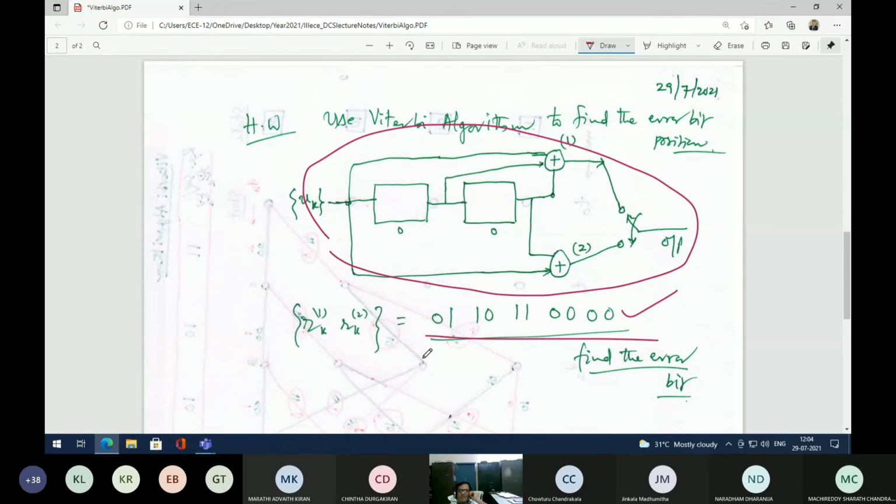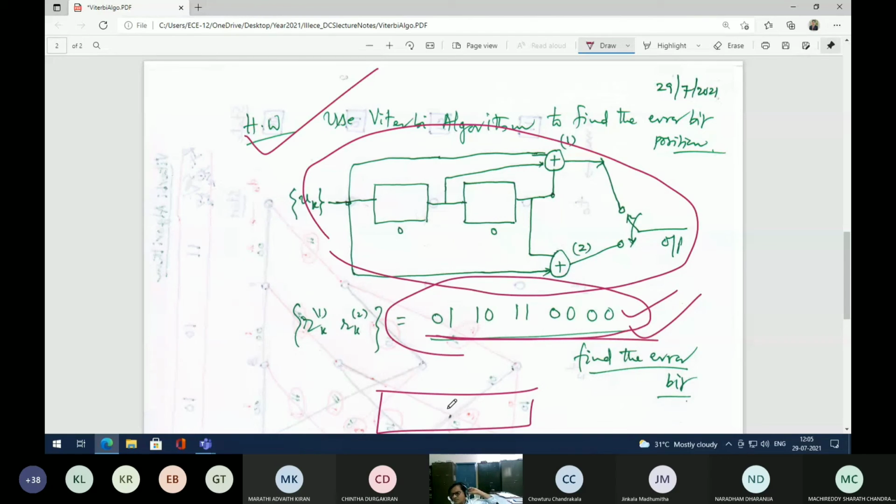Okay, and the received sequence is only 1, 2, 3, 4, 5, so only 5 is there. You don't get that much bigger one. Please try to solve this problem and show me the corrected result. What is the correct code word and where is the error? You take this as homework.